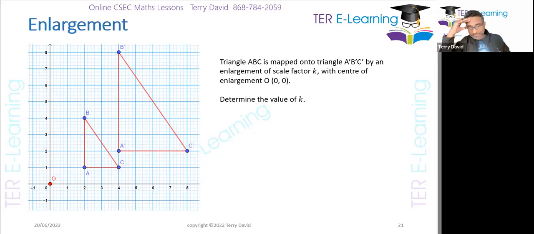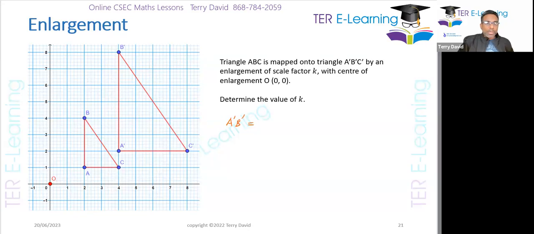I want everybody to try something. All right, I've seen some people saying 2, some people saying 3. Now I'm seeing a lot of answers in the chat, the majority of you all saying 2. Let's see if that's correct. So if I were to use the length A prime, B prime, let's look at that length.